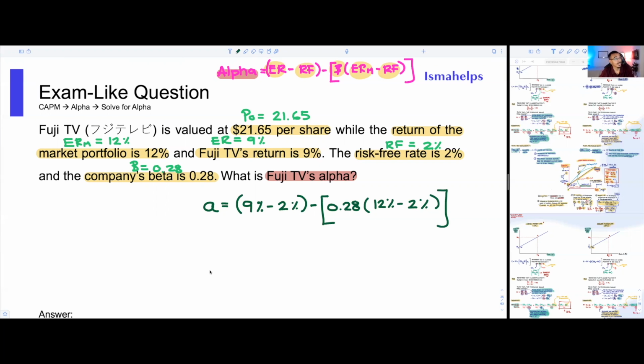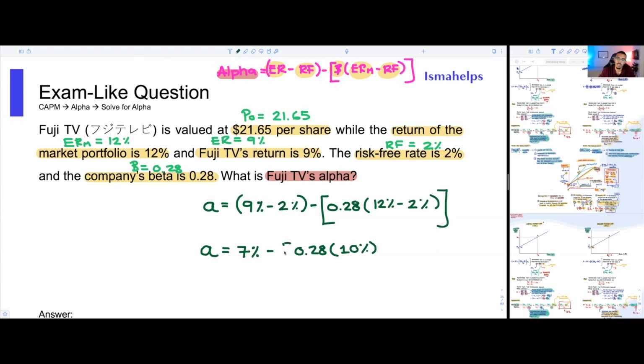This is literally elementary school math. It's not hard. I wish it was harder. That's what she said. 7% we will have right here, minus 0.28 times 10%. So I guess we can maintain the brackets for continuity.